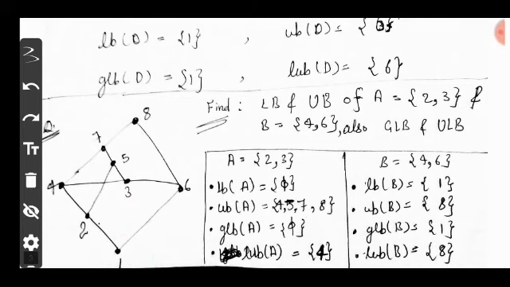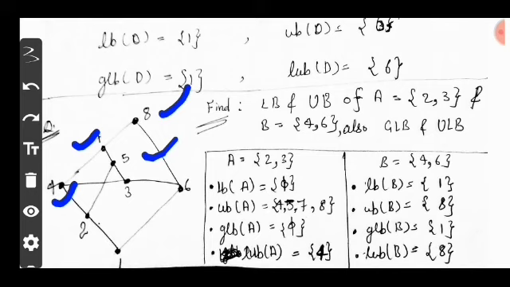The UB of A is 4, 5, 7 and 8 because 2 and 3 are succeeded by 4, 5 and 7, and also by 8.